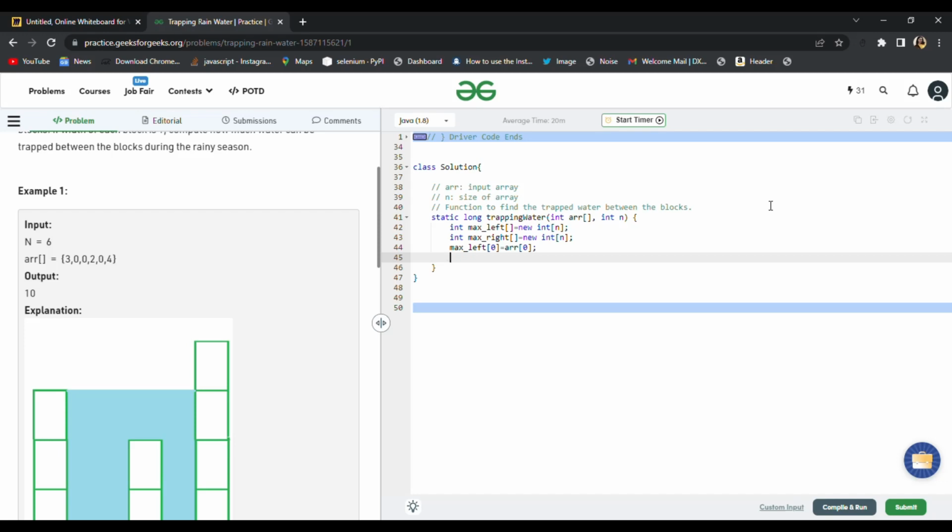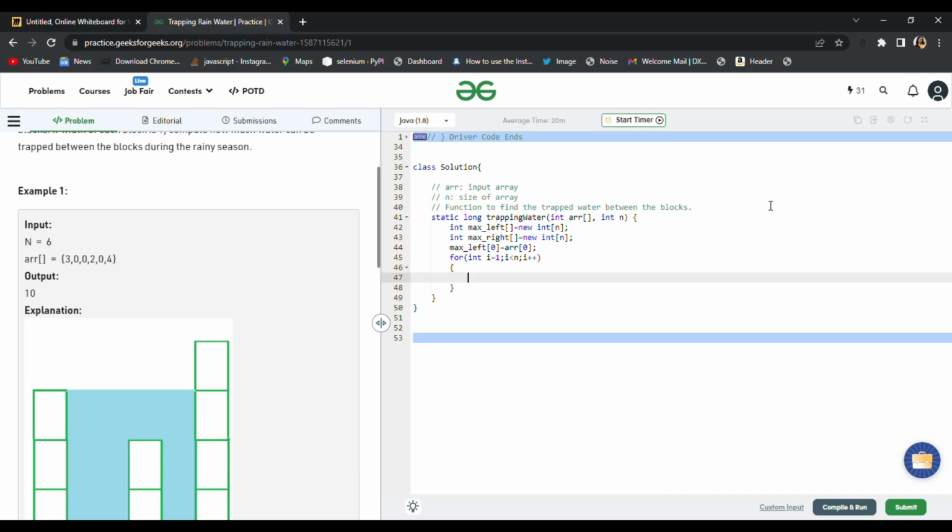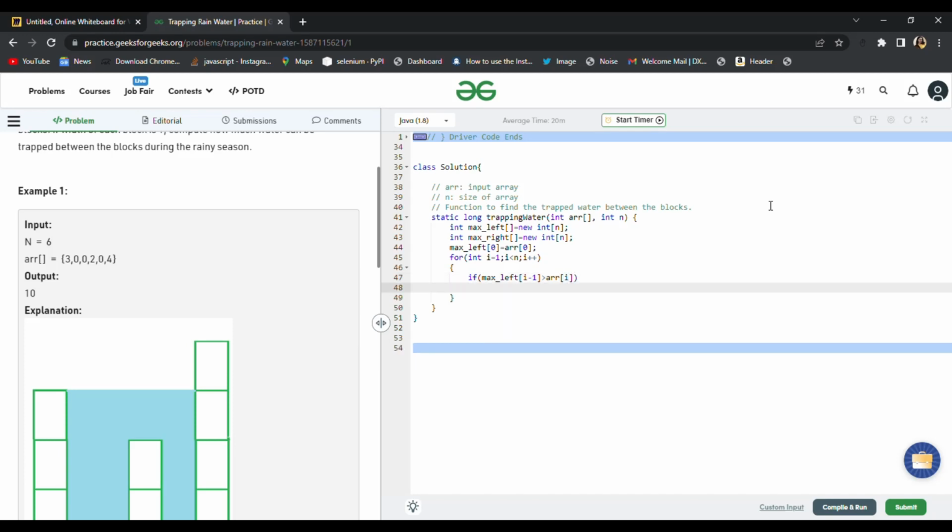Then we are going to run the loop from first index till the last index, and we are going to compare if max left of I minus 1 is greater than the array of I, then we need to assign max left of I as max left of I minus 1, which is maximum.